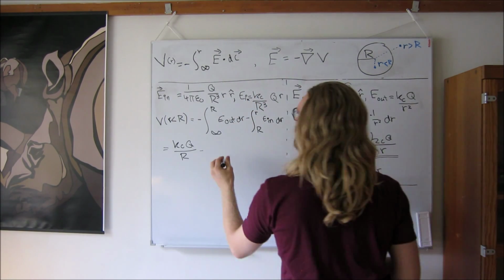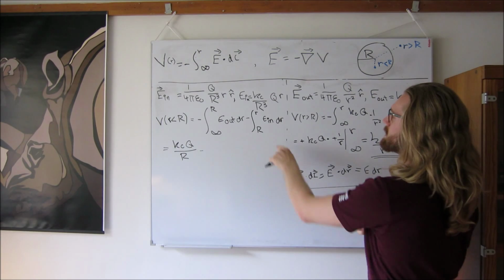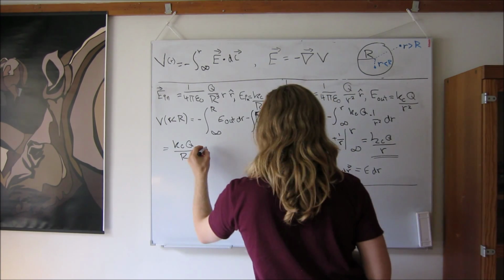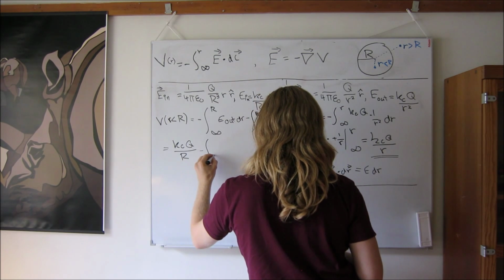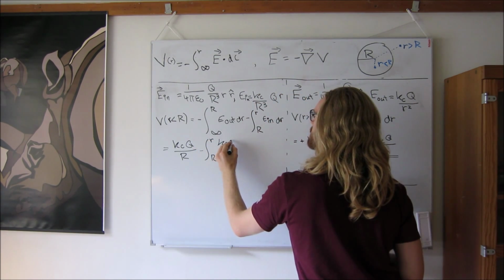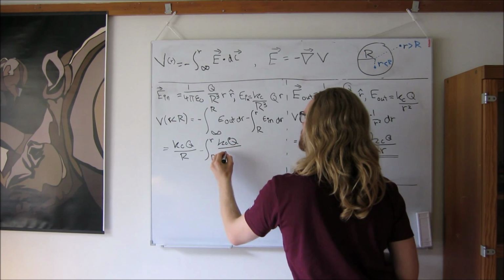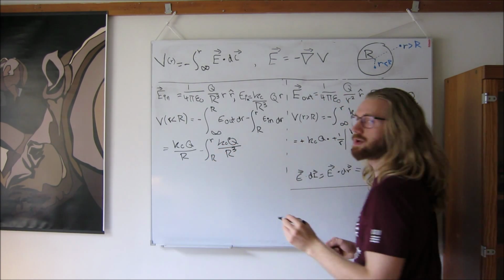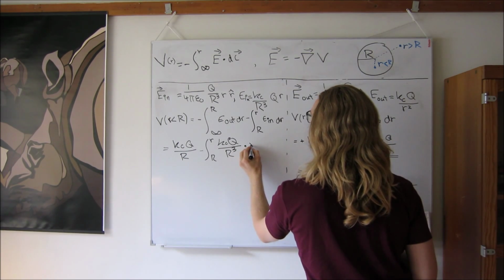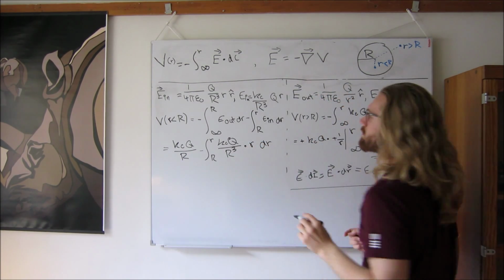This other part here, we have to integrate E inside, and E inside is this expression. The Coulomb constant, the charge, radius cubed, those are all constants, and then you have to integrate r with respect to r.